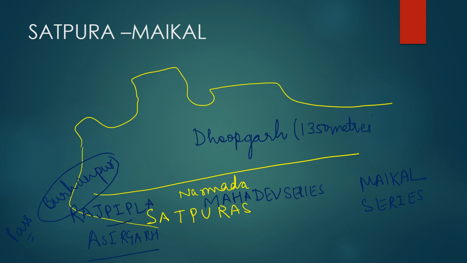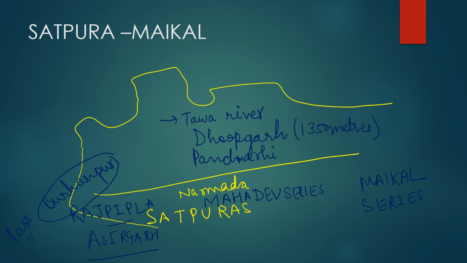This is the highest one, and it is found in the Mahadev series. Pachmarhi is also present here in the Mahadev series. Pachmarhi and Dhupgarh are present in the Mahadev series. A famous river which crosses here is the Tawa River. The Tawa River also crosses through this region, the Mahadev series region.